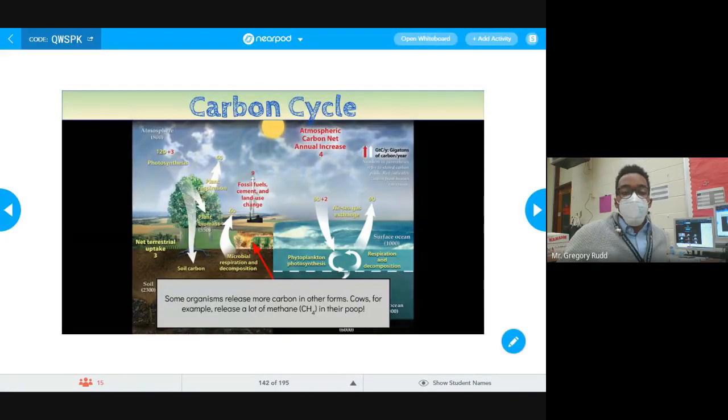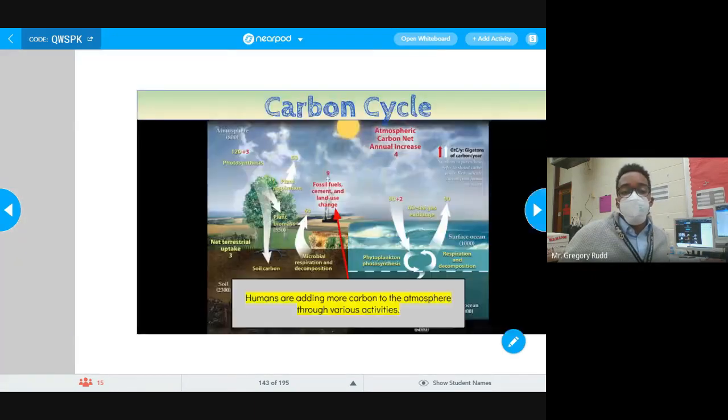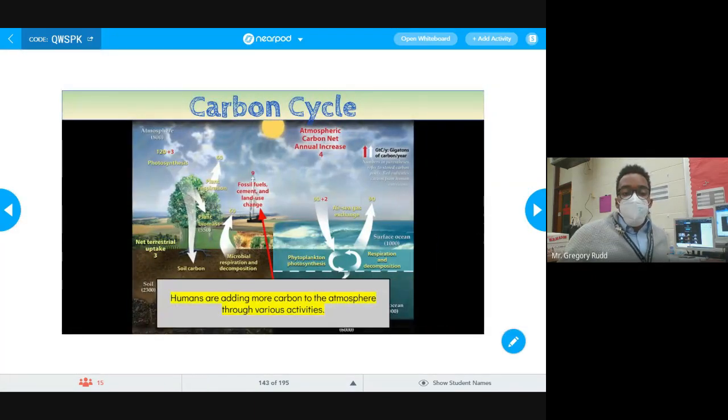So it's not just the release of carbon dioxide, but other sources of carbon that then make their way back into the atmosphere. And humans are adding more carbon to the atmosphere through various activities, like the burning of fossil fuels, the laying of cement, and the ways that we've changed our living landscape as well.